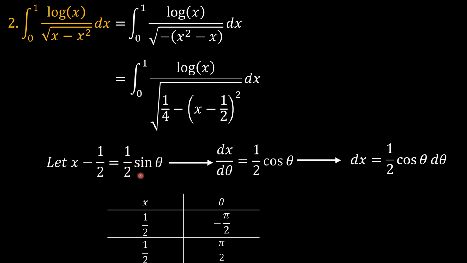The arcsine of negative 1 is the same as negative pi over 2. And then when x equals 1, 1 minus a half is a half, half divided by half. So sine theta equals 1, and so arcsine of 1 is pi over 2. So the integral now becomes as follows.